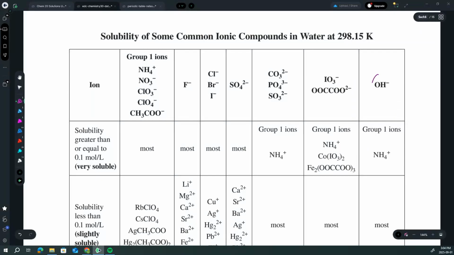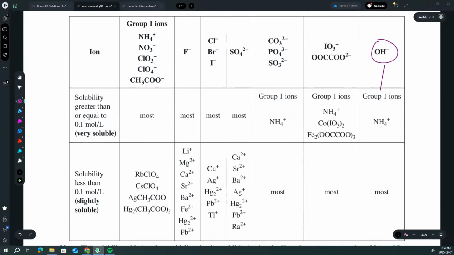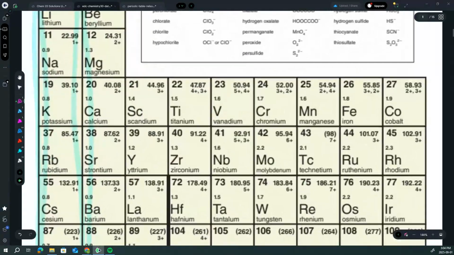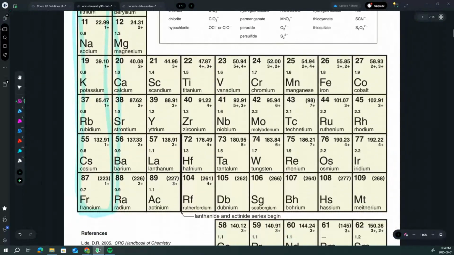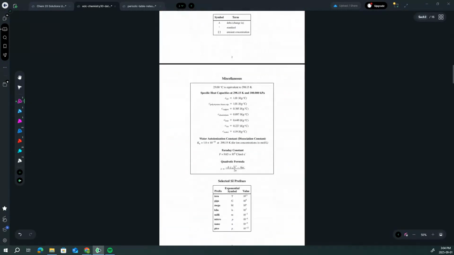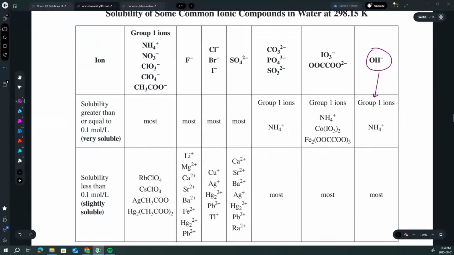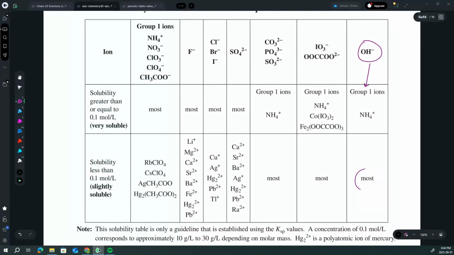Hydroxide is right here. Barium is actually a group 2 ion. So barium is right here. It doesn't fall under our group 1 ions, nor is it ammonium. So for this solubility table, barium would fall under most, and it would be insoluble in water.